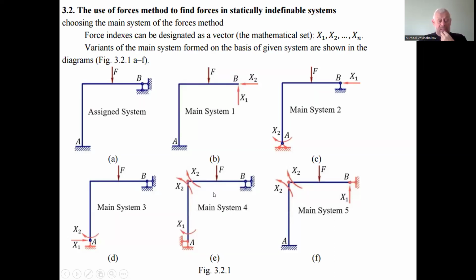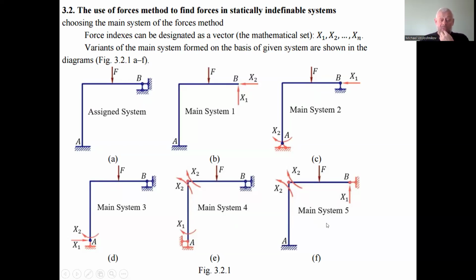Yeah, this is a statically definable system, with two unknowns: the bending moment in the supporting point A, the formal embedding, and the bending moment in the joint instead of the rigid corner.